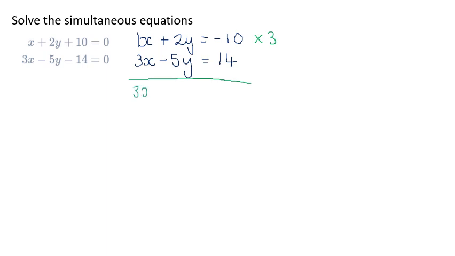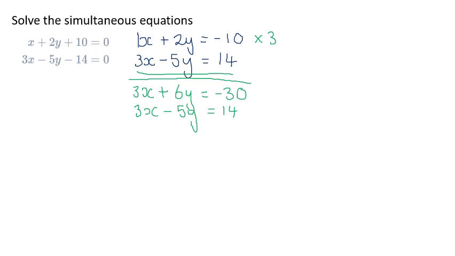So we get 3x plus 2y times 3 is 6y, and then negative 10 times 3 is negative 30. And then the bottom equation just stays the same because we've already got the 3x that we want. Take away 5y equals 14. So now, if I was to add them together, I'd get 3x add 3x is 6x. So we definitely don't want to do that because we want to eliminate one of the letters.